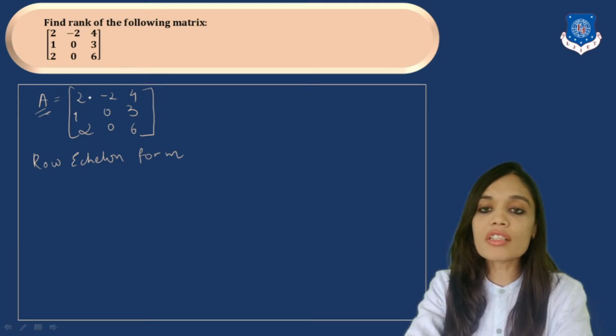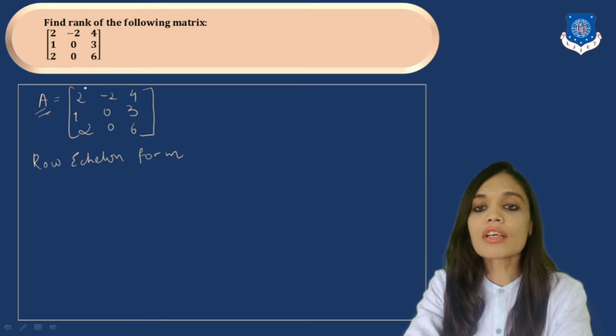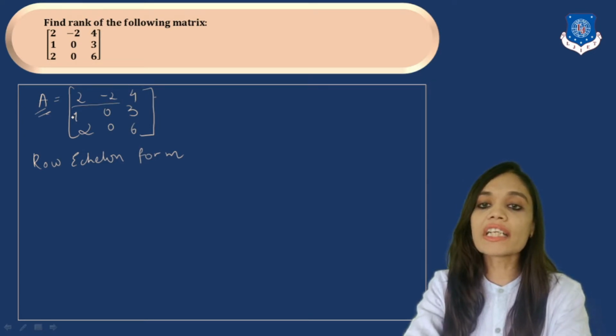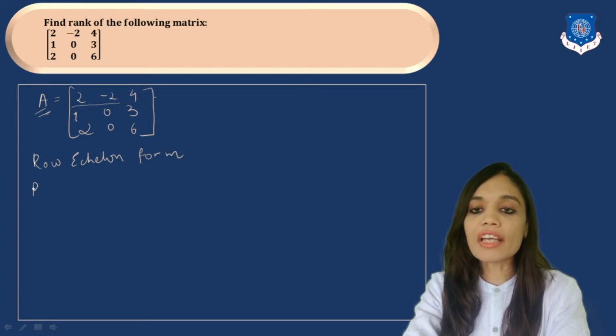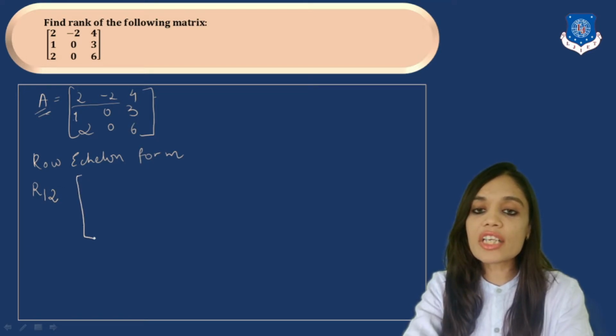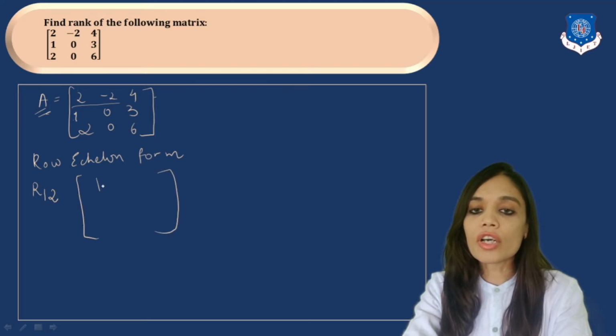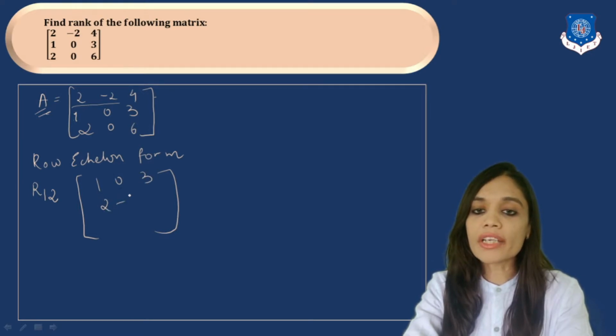First we can divide R1 by 2, or we can interchange row 1 and row 2. So what I will do is I will interchange the first and second row. So on interchanging you will get 1, 0, 3, 2, minus 2, 4, 2, 0, 6.